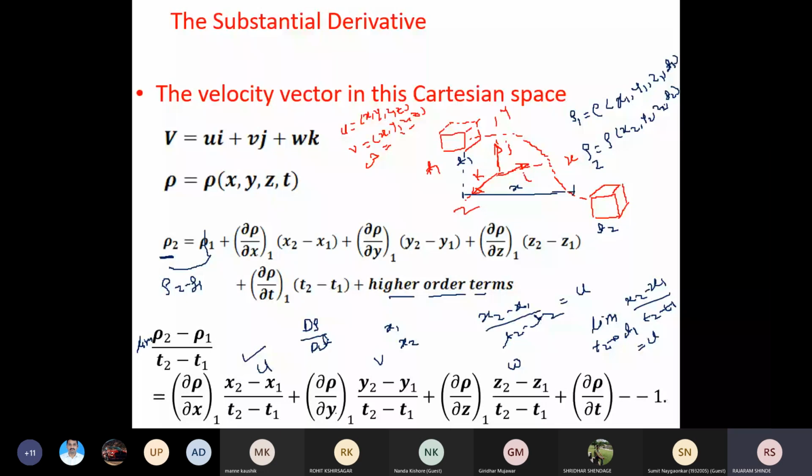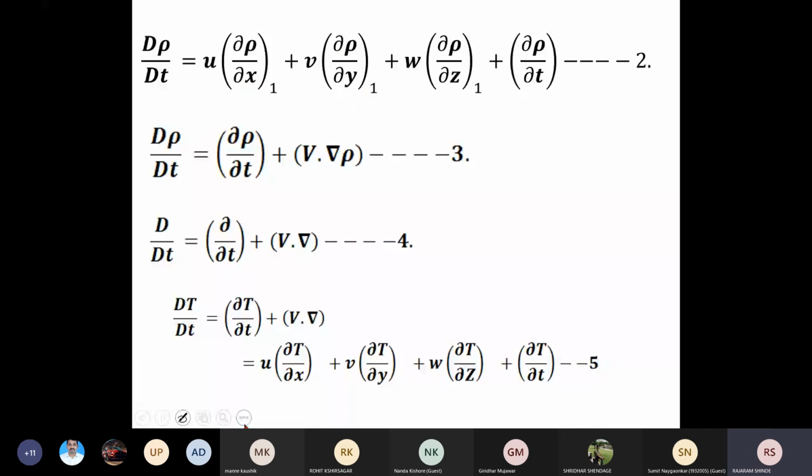Why it is a substantial derivative, and what is the difference between the substantial derivative and your regular derivative, I will tell you. You see here, I will go to the next slide. D rho by Dt is equal to u into the partial derivative of rho with respect to x, plus v into the partial derivative with respect to y, plus w into the partial derivative of rho with respect to z, plus the partial derivative of rho with respect to time.